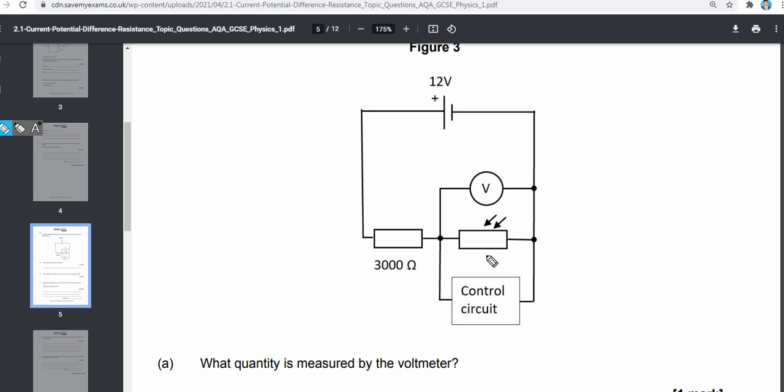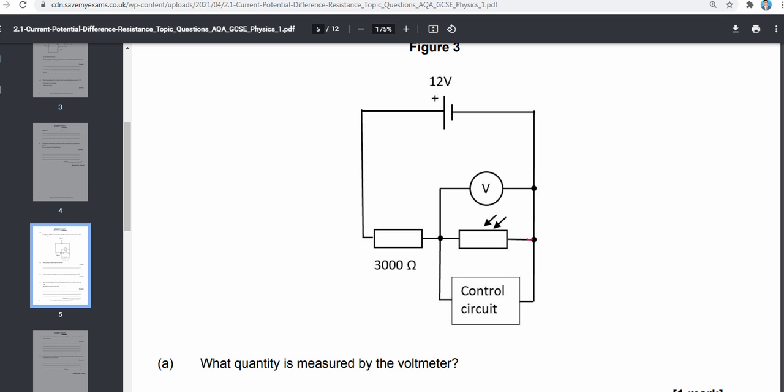As we have discussed, we attach the ammeter in series. So I'll attach the ammeter over here, with a capital A, because capital A is the symbol for the ammeter. This ammeter will measure the current passing through this LDR. So this part is done.